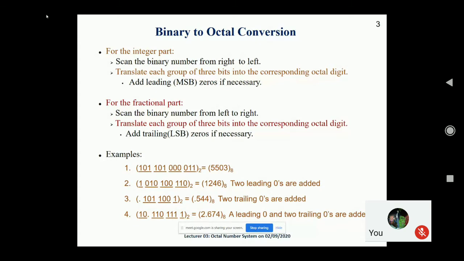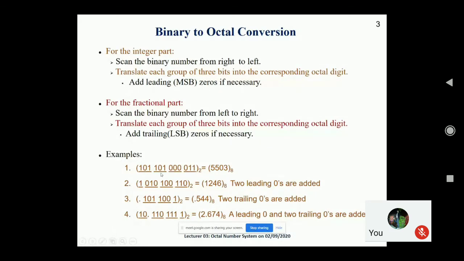See here, example number 1. This is totally integer, there is no point. According to the integer part, scan the binary number from right to left. Going from the right, the first 3 bits are 0, 1, 1, then 0, 0, 0, then 1, 0, 1.